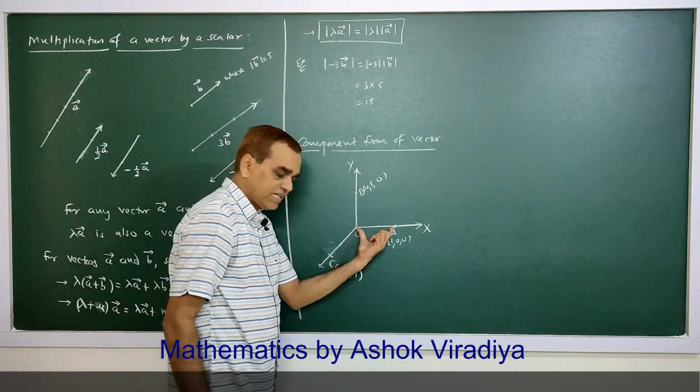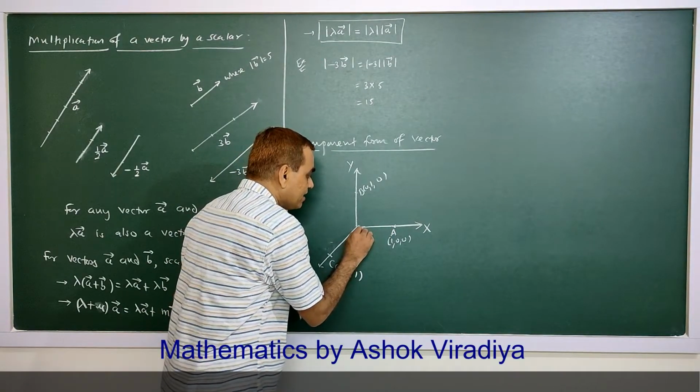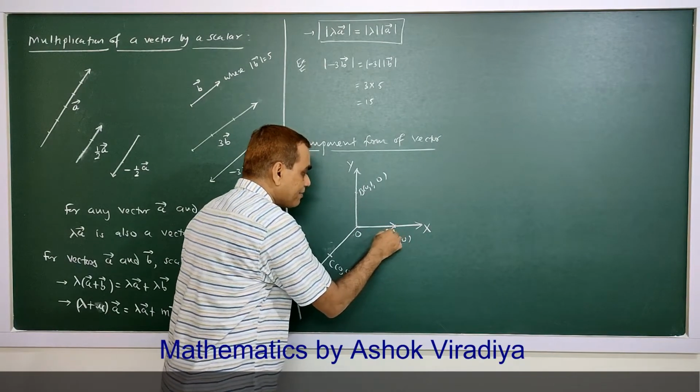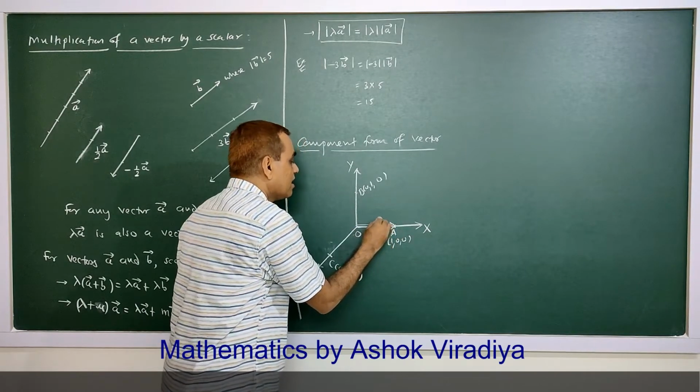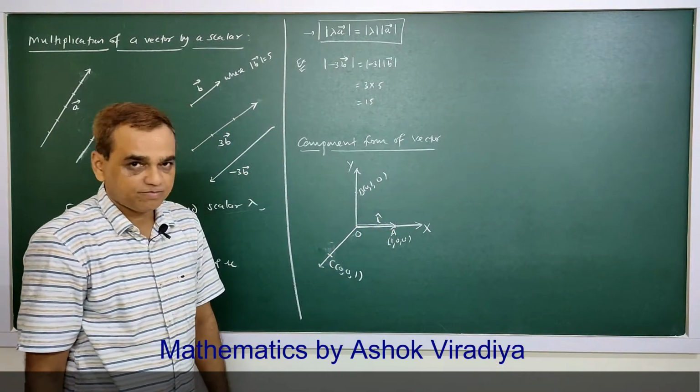So this length is 1. Now this OA, if I show this line segment as a directed line segment, then this vector is vector i cap. It is a unit vector.